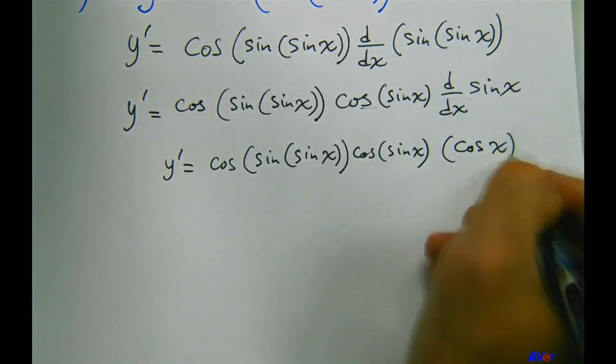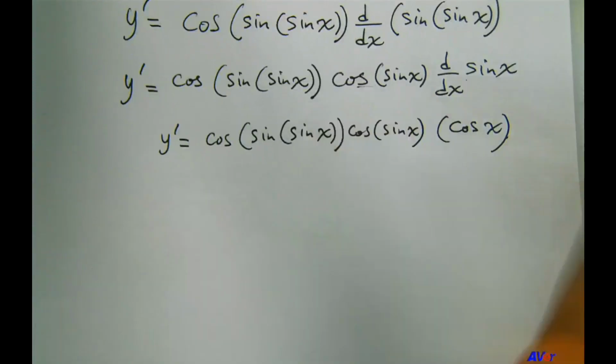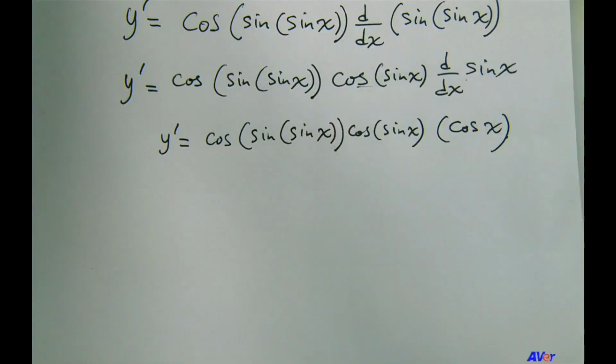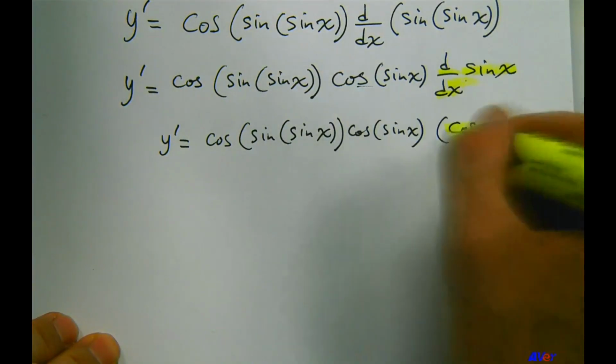And I didn't need the parentheses, but there you go. Sometimes I get carried away with my parentheses because I like them as a visual aid. So this last derivative became that.